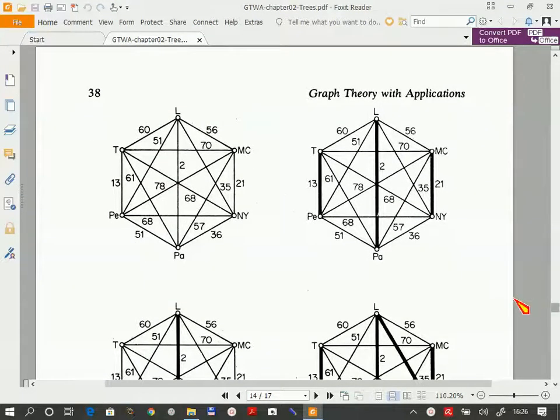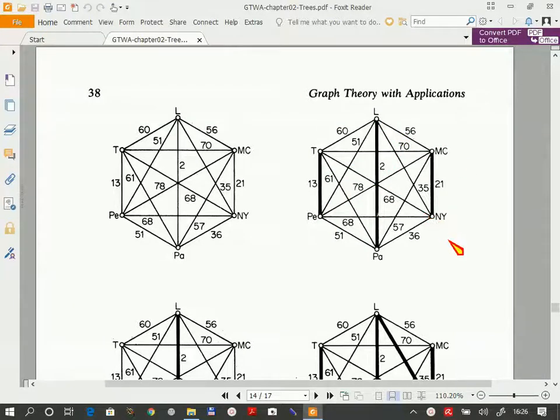Now we have to choose another, and I see what has not been chosen yet, and I find this one, which is with weight 21. Okay, then, so these 3 are taken. Call them E1, E2, and E3.